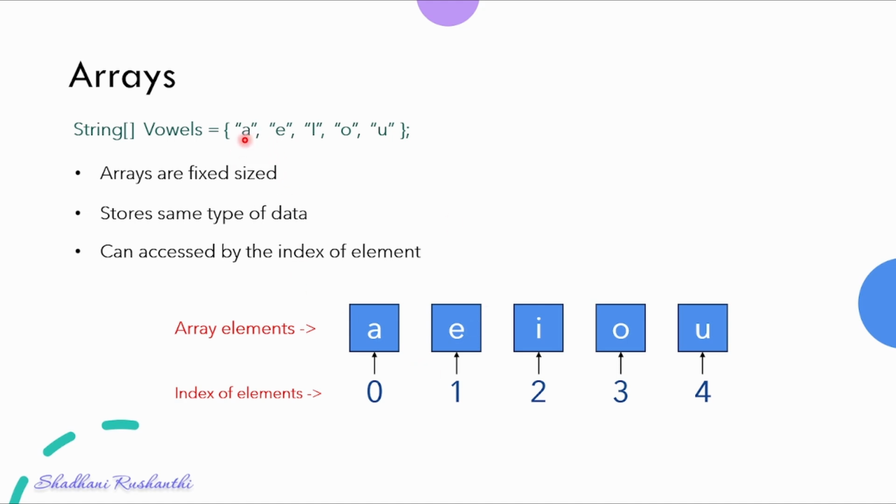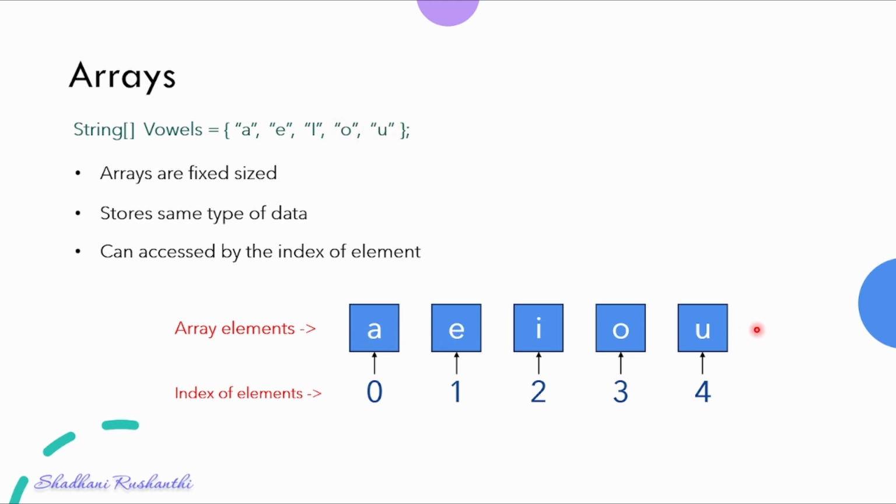When you are storing elements in an array, each element has an index. In this example, you have stored the values A, E, I, O, U. A is the first element, E is the second element, I is the third element, O is the fourth element, and U is the fifth element.